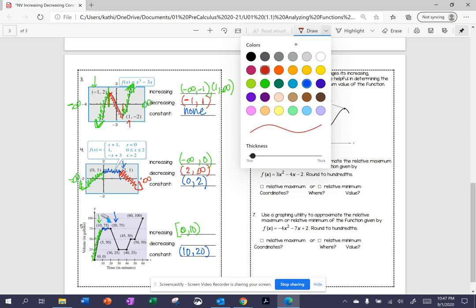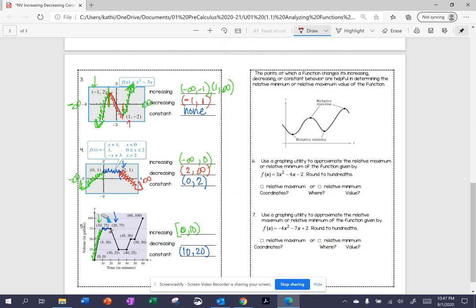Next, I am decreasing. So I am starting at 20, not including 20, so parentheses, and ending at 30, not including 30, so that's another parentheses.